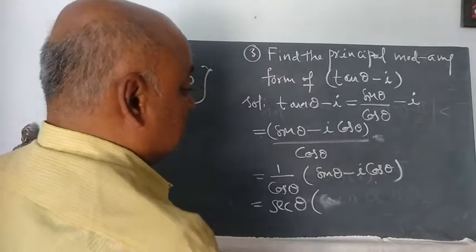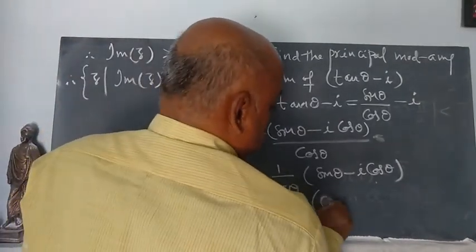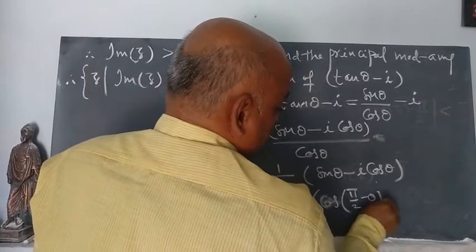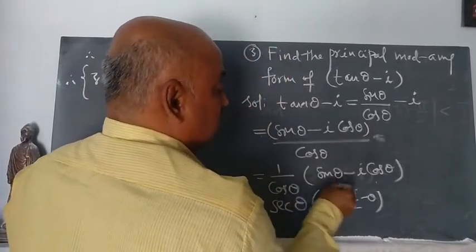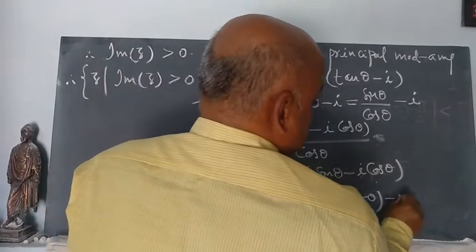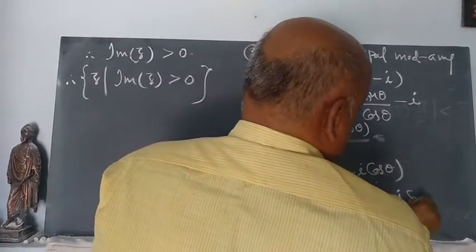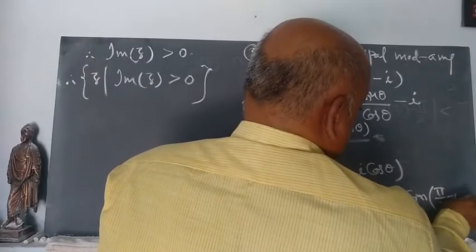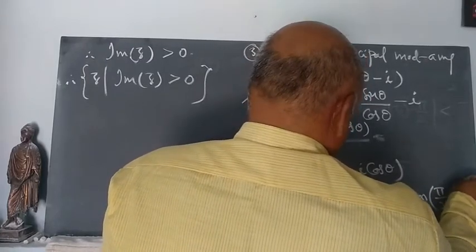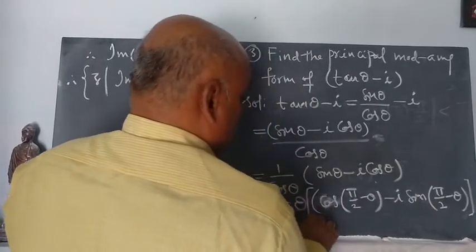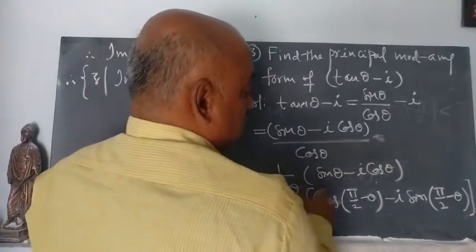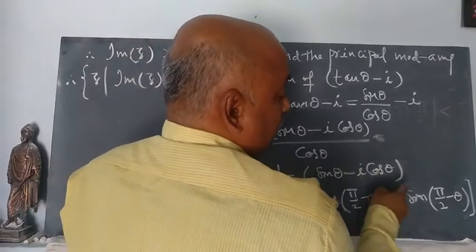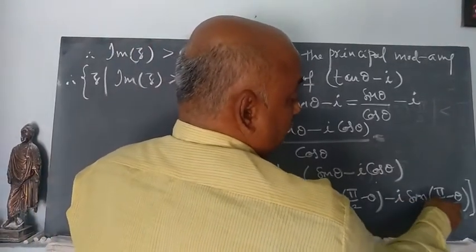This can be expressed as cos of (pi by 2 minus theta) is sin theta, minus i into sin of (pi by 2 minus theta), which is equal to cos theta. So cos of (pi by 2 minus theta), and sin of (pi by 2 minus theta) is cos theta.